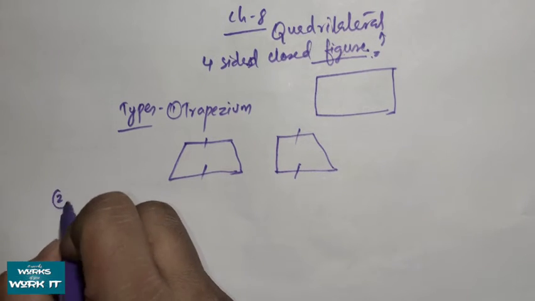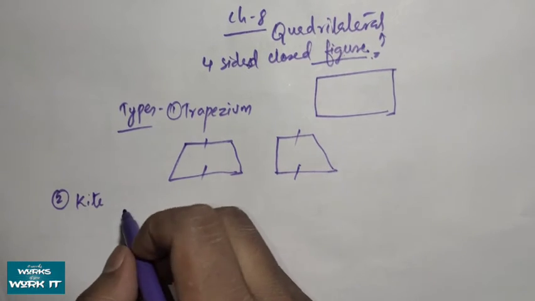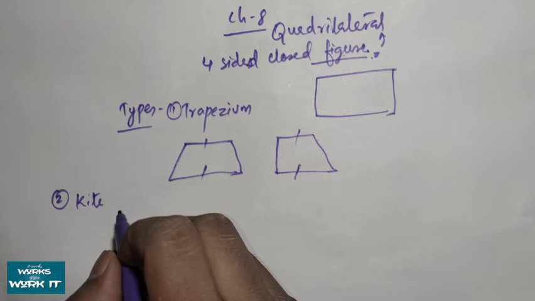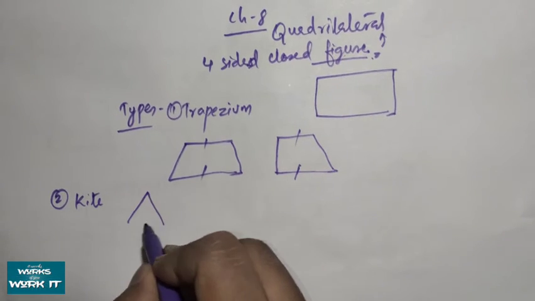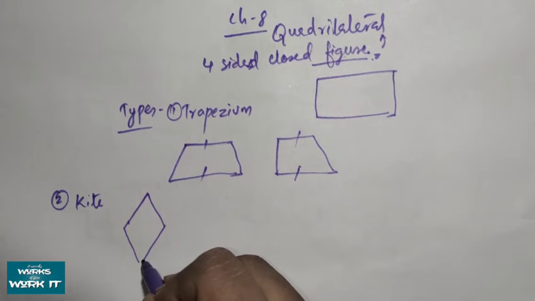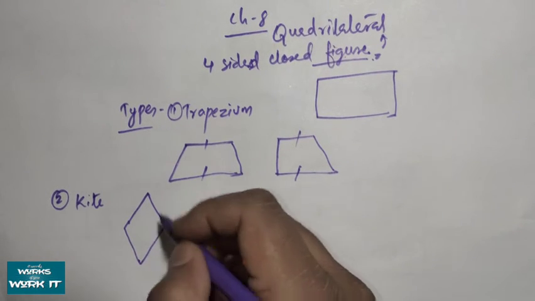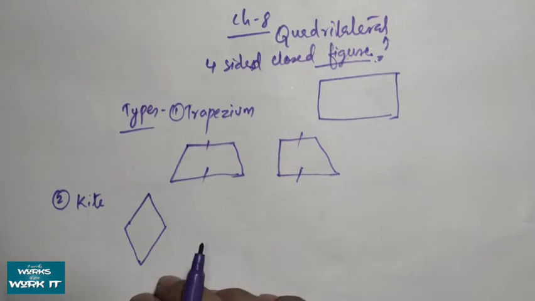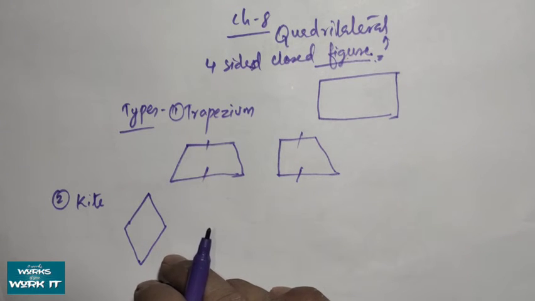Next, the next type of quadrilateral is the kite. A kite is also a type of quadrilateral, a four-sided closed figure. If I draw the figure of a kite, this one is the figure of the kite. In this quadrilateral, two pairs of adjacent sides are equal.